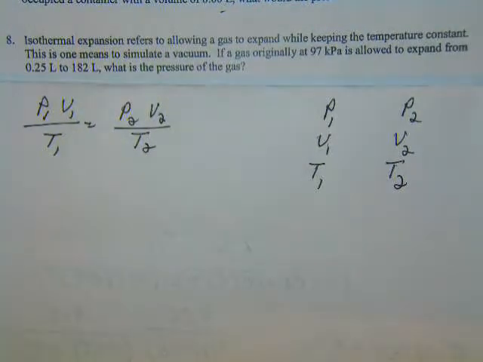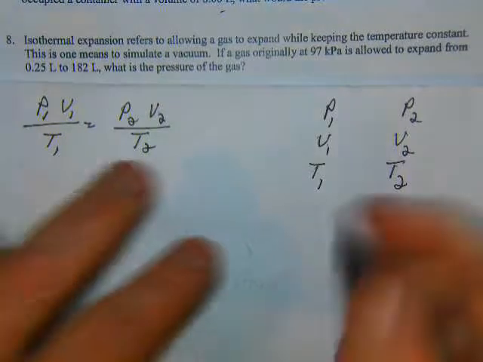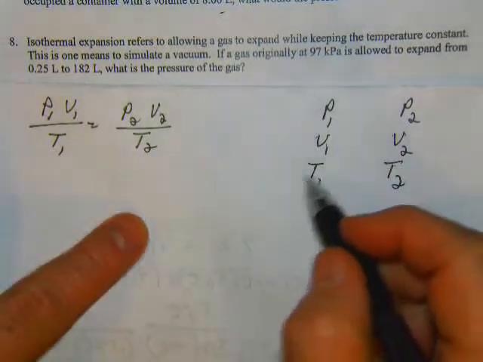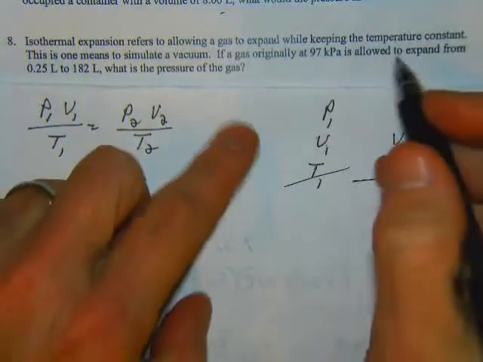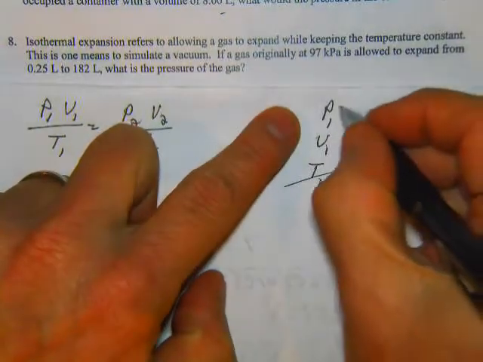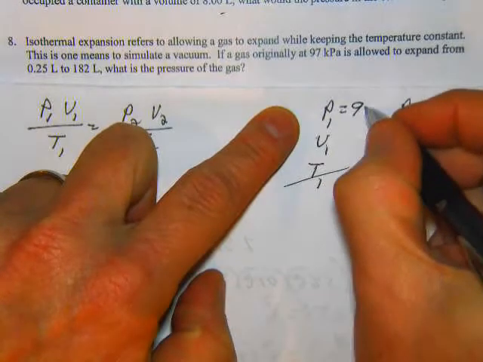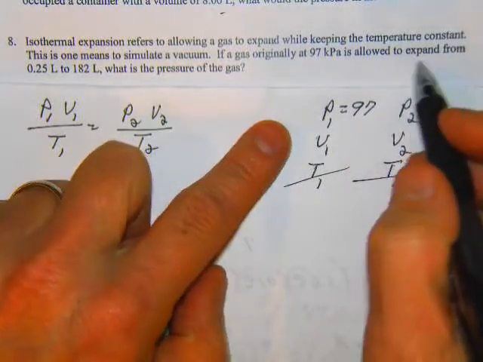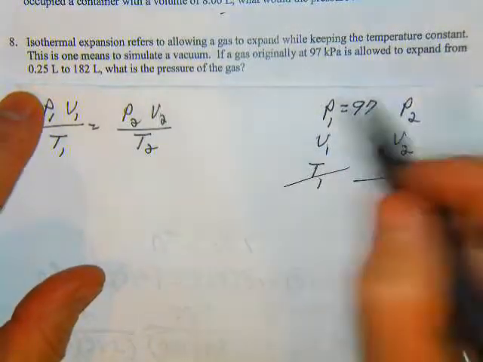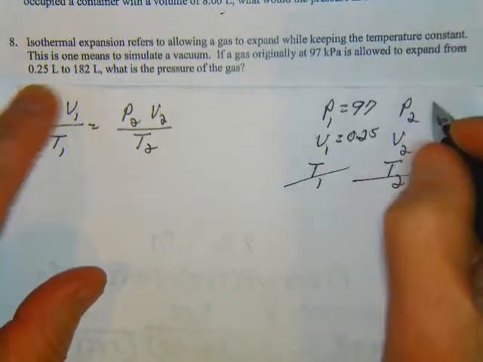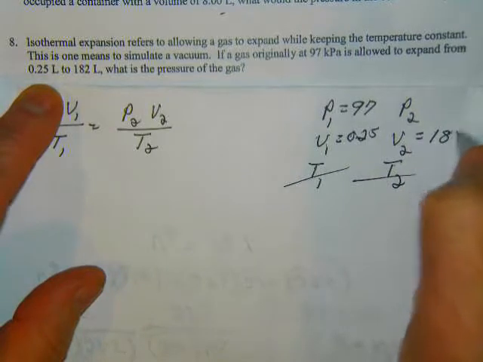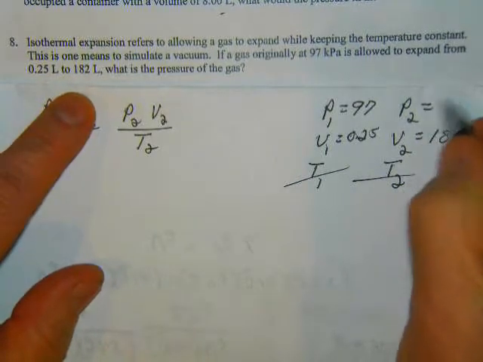So number 8, isothermal expansion refers to allowing a gas to expand while keeping the temperature constant. Well, if we keep temperature constant, we don't need to worry about that. If the gas originally at 97 kilopascals is allowed to expand from 0.025 to 182 liters, what is the new pressure?